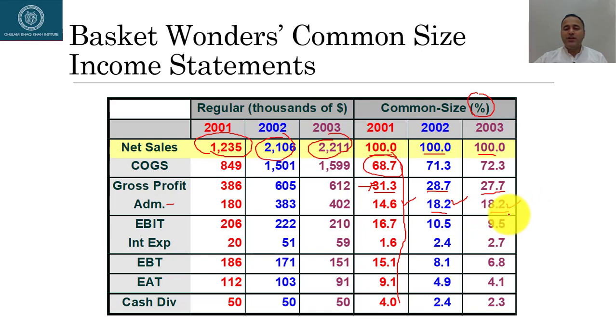For 2003, it's the same thing. So compared to 2001, the administrative expenses in 2002 and 2003 are a little bit higher. Common size analysis gives you a very good understanding of those numbers, and then you can cross compare them across different years and make some conclusions.